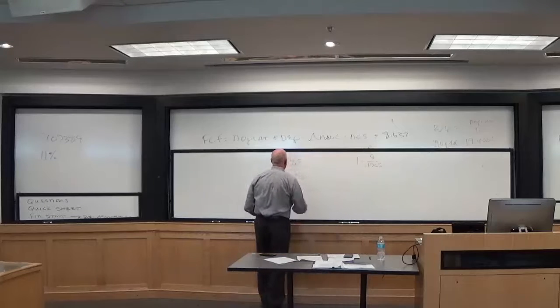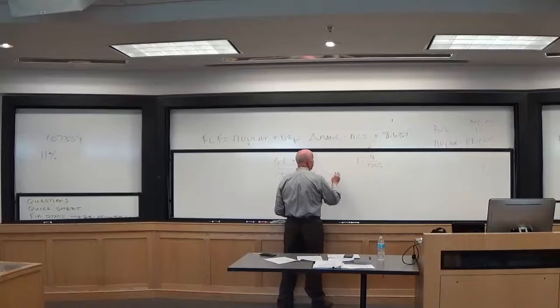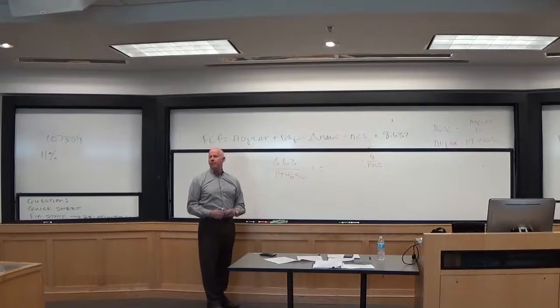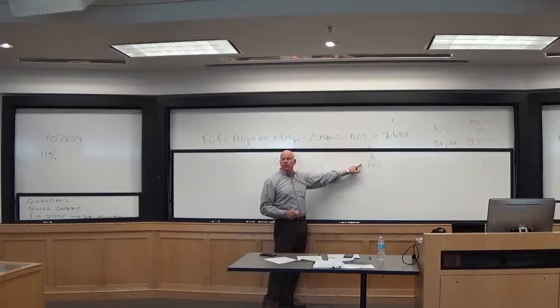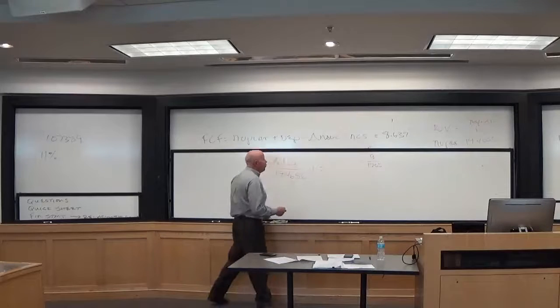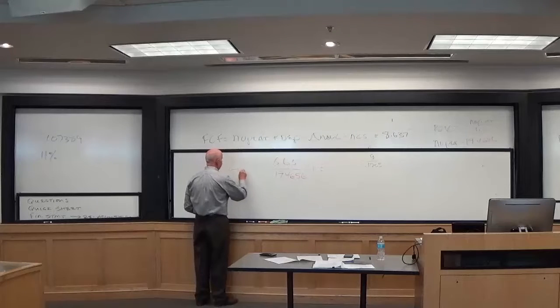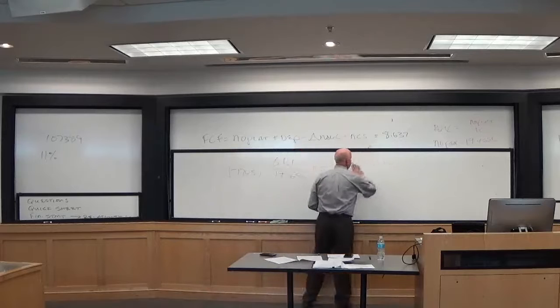We're going to subtract 1 from each side. We're going to go ahead and change the sign because we need to end up with this. Well, I guess we don't have to change the sign. We can now multiply both sides by negative 0.1705. And that should leave us at G.